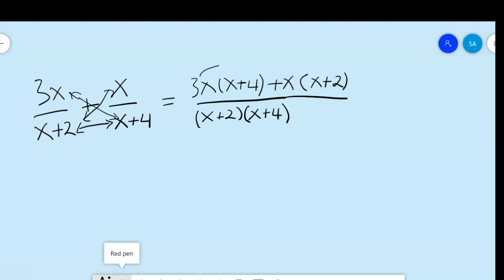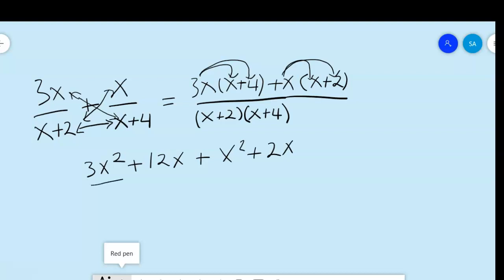Now here you distribute, this times this, and this times that. So we get 3x squared plus 3x times 4. The 3 will multiply the 4, and you bring the x attached to that, so we got 12x. We bring our plus, and here too you distribute, so you get x squared plus 2x.